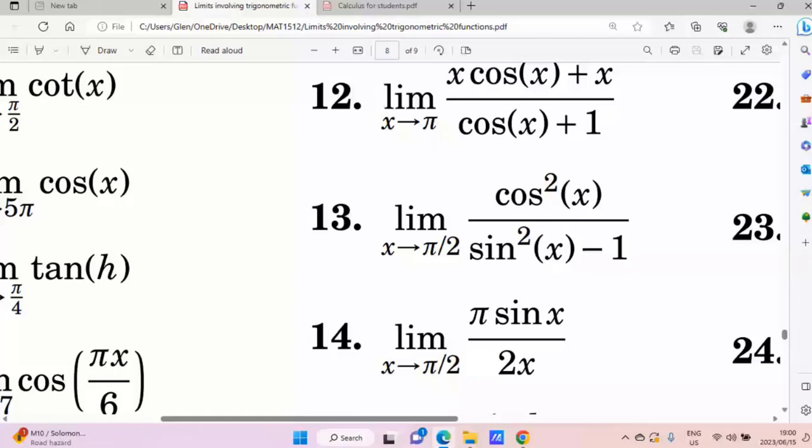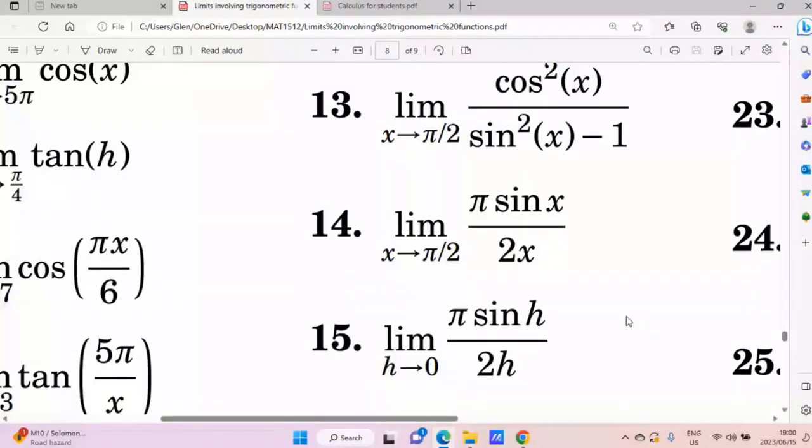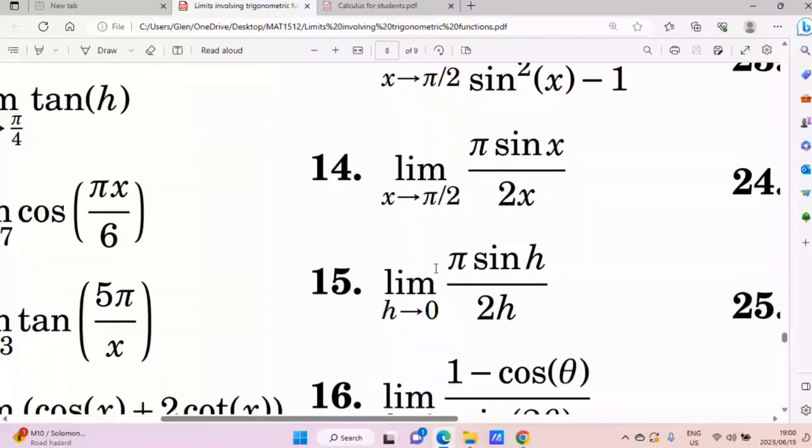Now, let's wrap up with this one. Do you see this one, number 15? Yes, sir. Do you all see number 15? Yes, sir. Let's work out number 15.